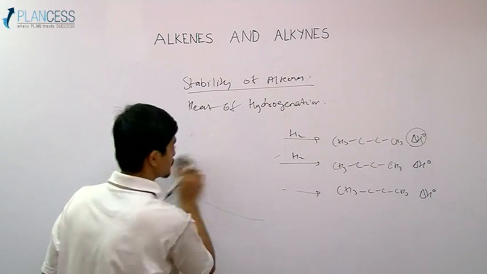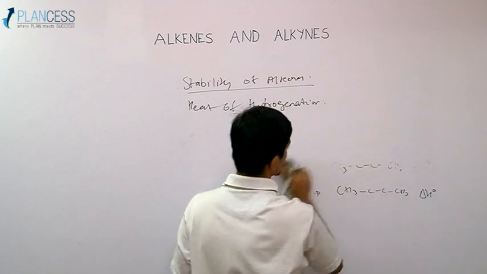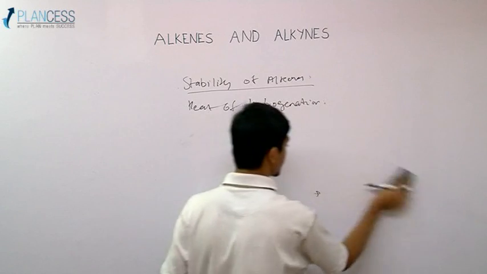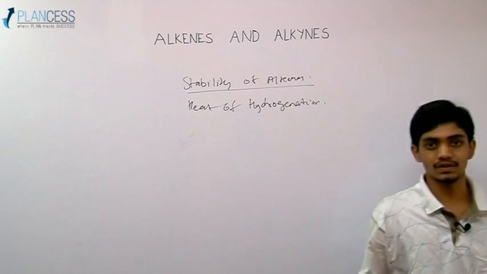So this was an important concept regarding the stability of alkenes, and this concept we are going to use in deciding what will be the product of an elimination reaction.